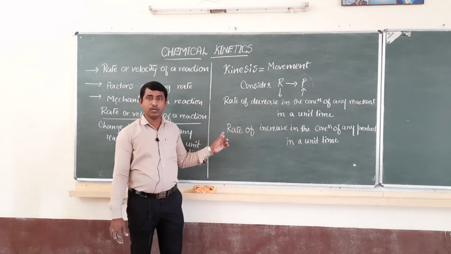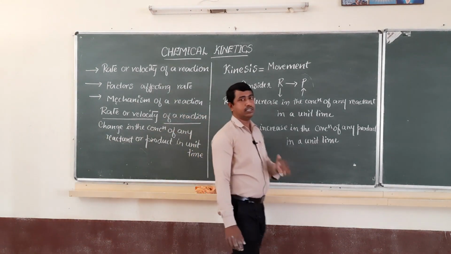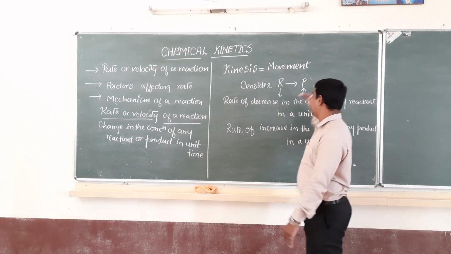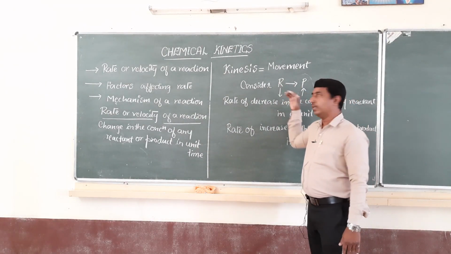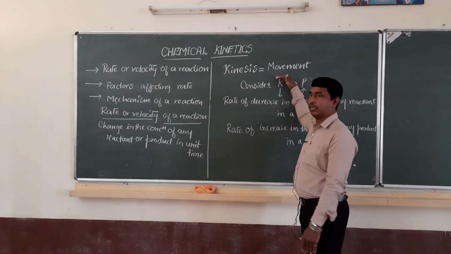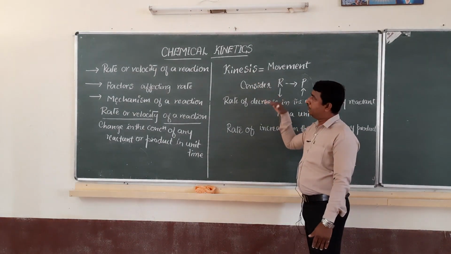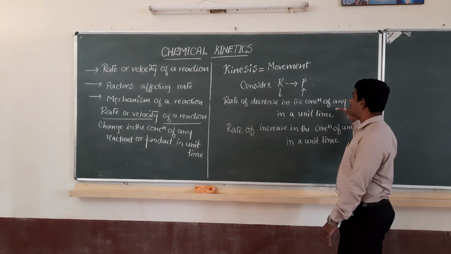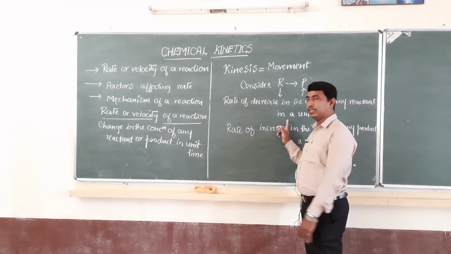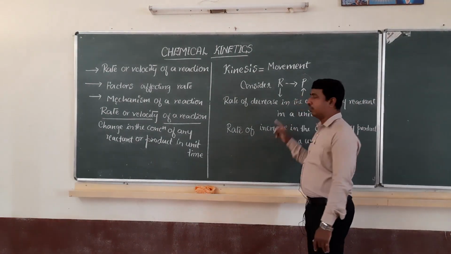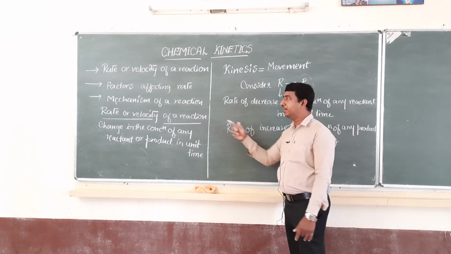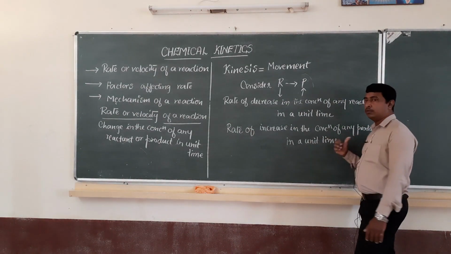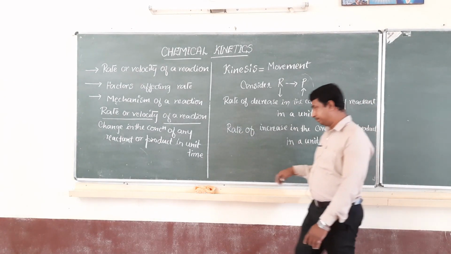By taking a reactant, it is the rate of decrease in the concentration of any reactant in a unit time. By taking a product, it is the rate of increase in the concentration of any product in a unit time.